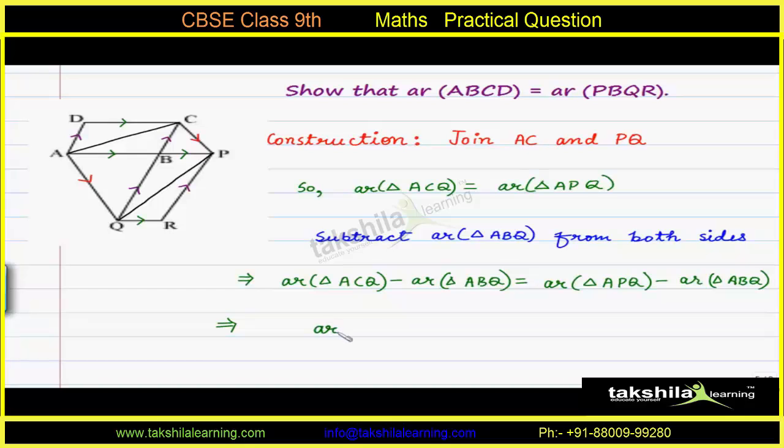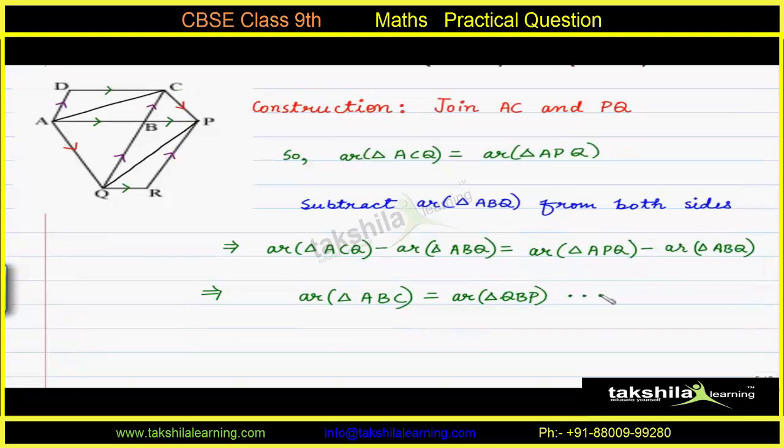So here we will have area triangle ABC is equal to, once again referring to the figure, from triangle APQ, if we subtract ABQ, we will get QBP. This is our remaining area. So that means area triangle ABC is equal to area of triangle QBP. And we can call this our first.